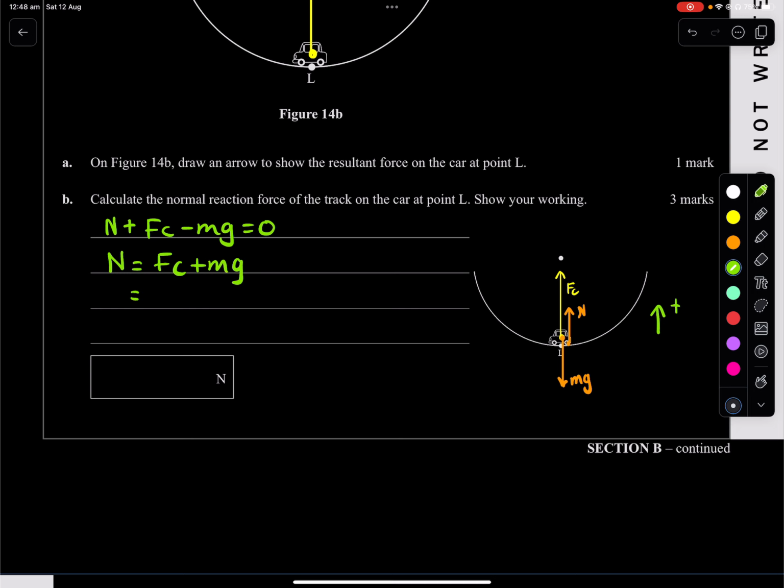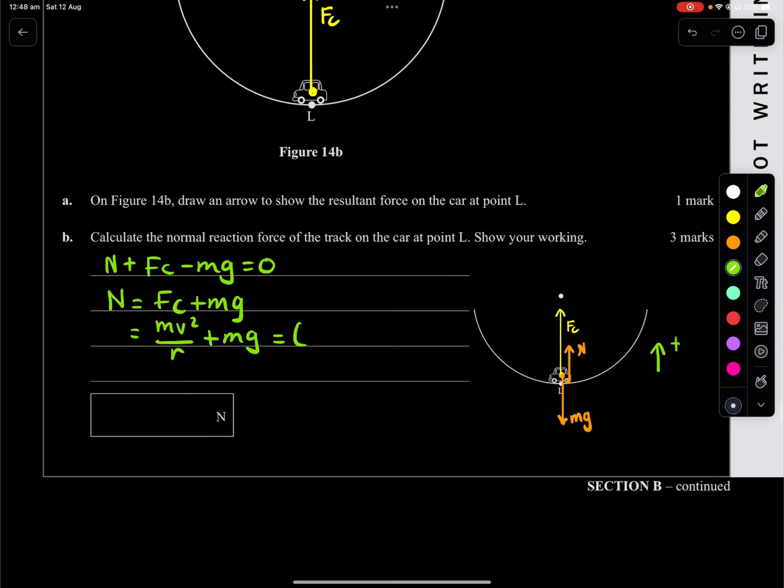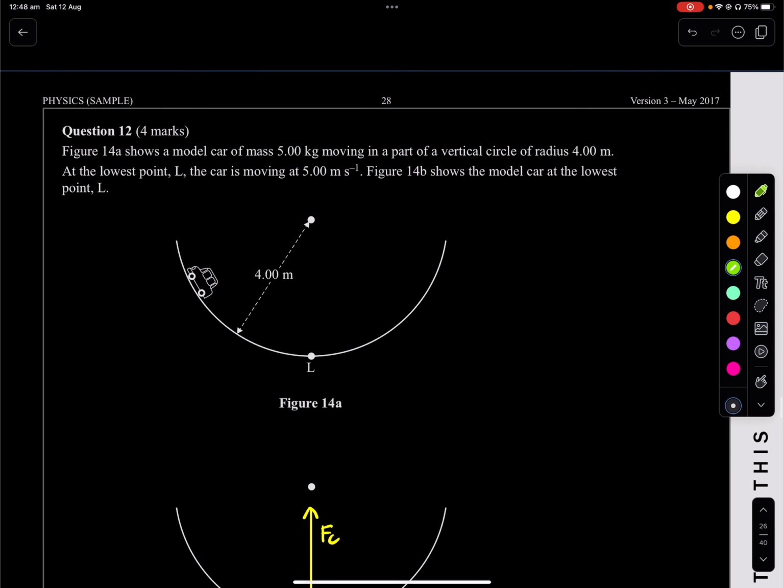And we know that FC is mv squared over r, so N equals mv squared over r plus mg. So what's that? Well, your mass of the car is what? 5.